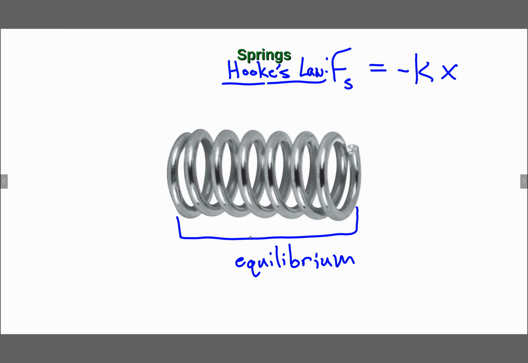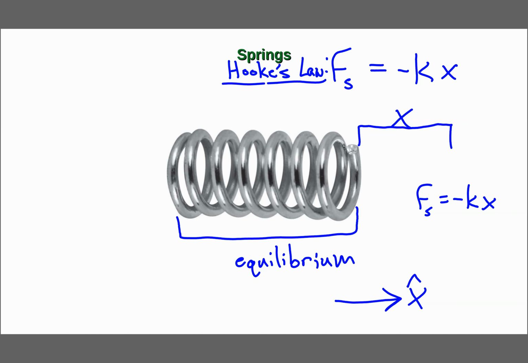So if we look at Hooke's law and we give ourselves a coordinate system, let's say to the right is x hat, you can see that if we take this spring and we stretch it some distance x, then Hooke's law tells us that the force that it pulls back will be minus kx, okay?